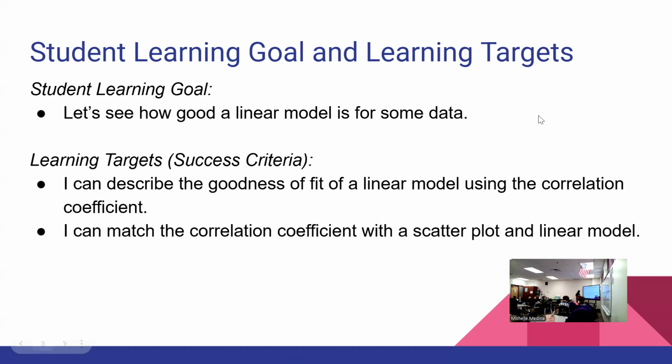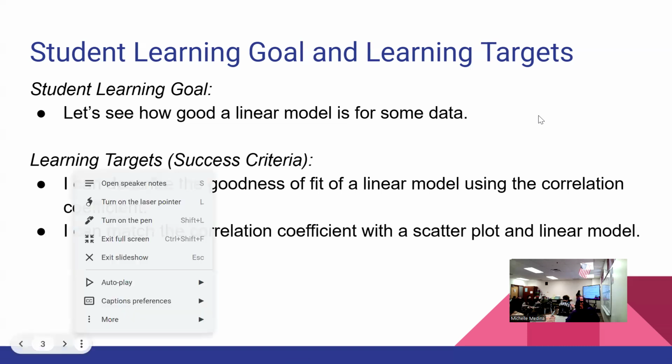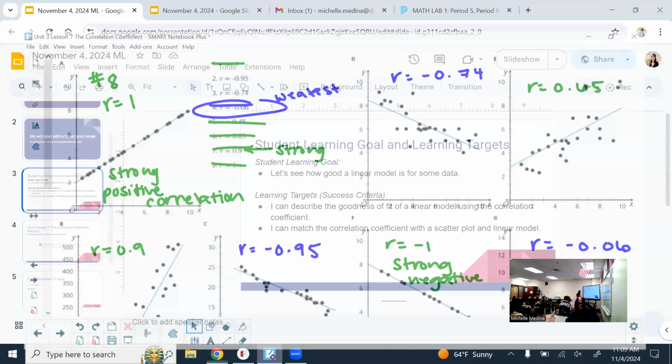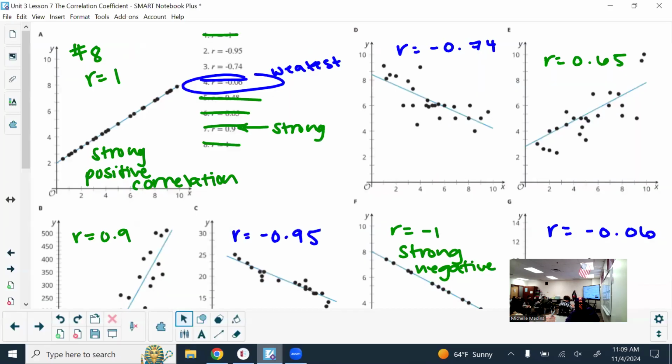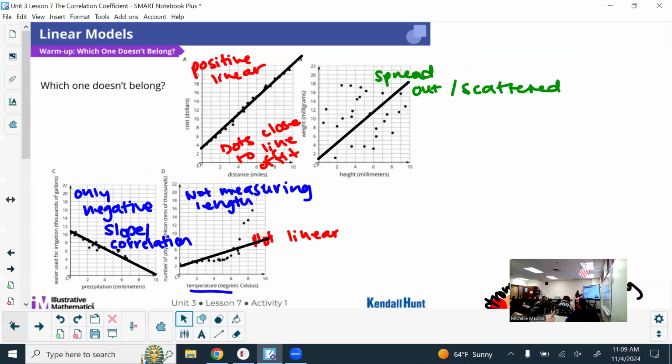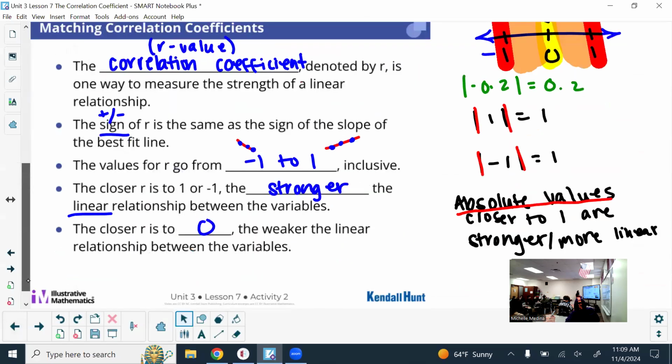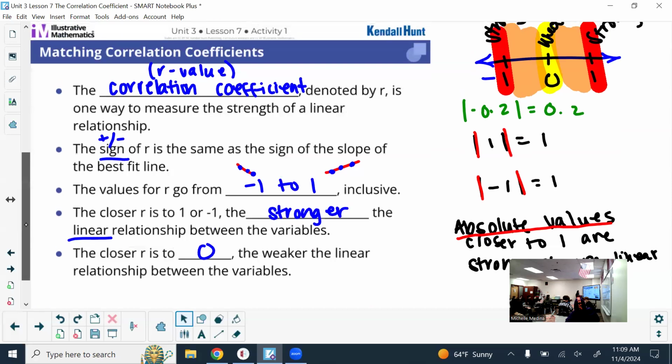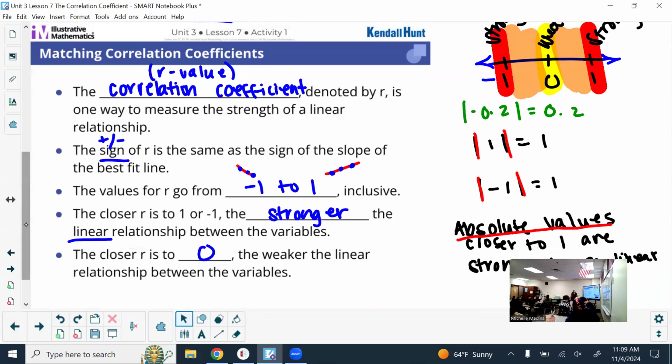So with that, we went over some facts, which we have gone over in a separate lesson. So I'm hoping that was a little easier for you than other things we talked about. But you have to know whether an R value would be considered positive or negative, and strong or weak.